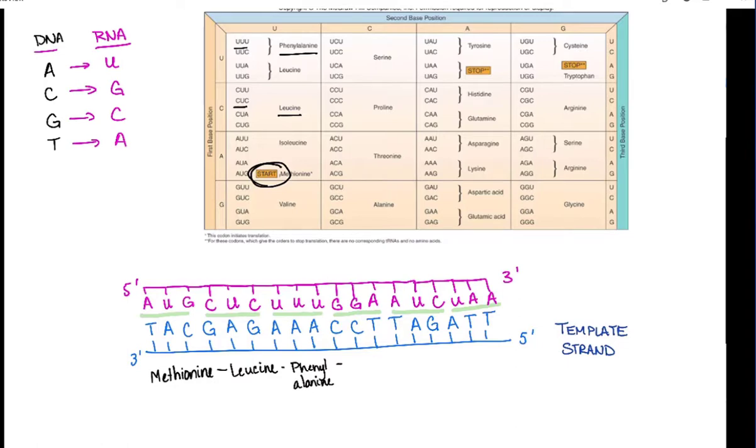Now I have GGA. That's glycine. Now I have AUC. That's going to be isoleucine. And then finally I have UAA, which codes for stop.